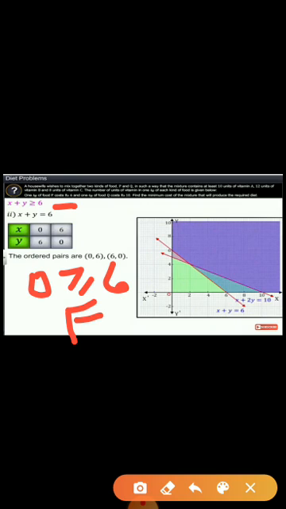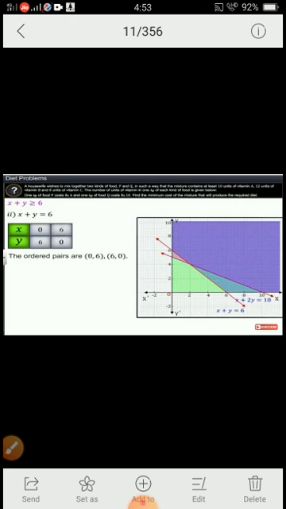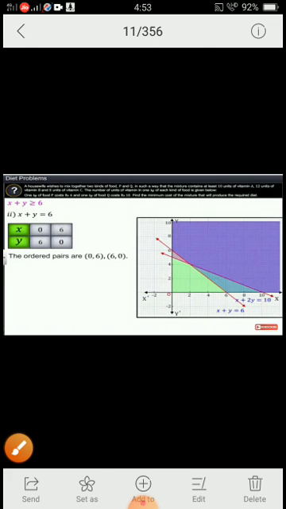This is the line for x plus y equal to 6. That means I'll have the common region. Previously I had got this region, and now using this I'll get this as the region.